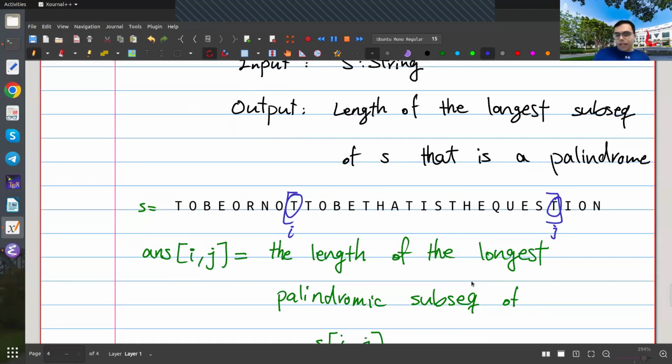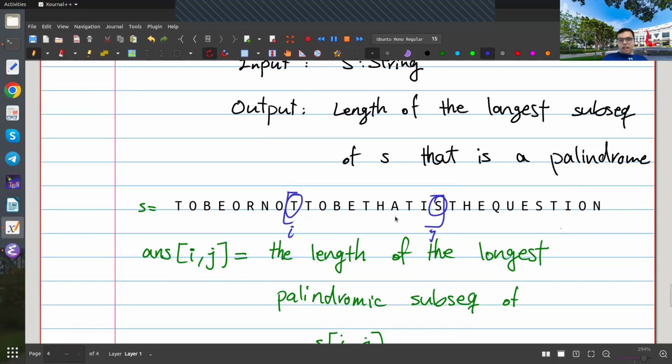But what if they don't match? So let's say my I is here, but my J is here. So I have an S and a T. Now, again, just like before, I can say that in my solution, I cannot have both of them because T is going to be the first character and S is going to be the last character, and they don't match, so that would not be a palindrome, right?